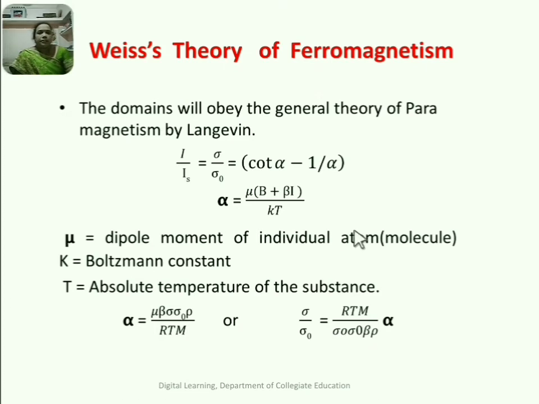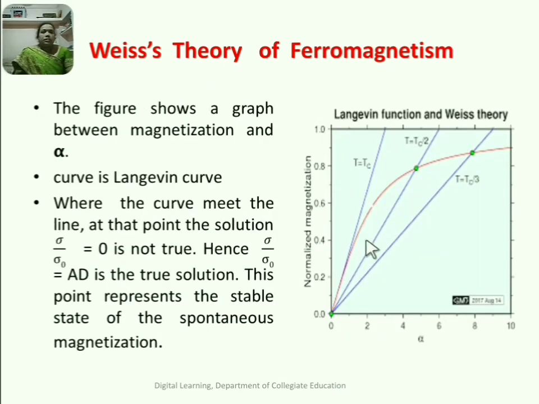Then see this figure. This figure shows a graph between magnetization and alpha in the above equation 3 and equation 4. Equation 3 and equation 4 simultaneously determine the condition of spontaneous magnetization.